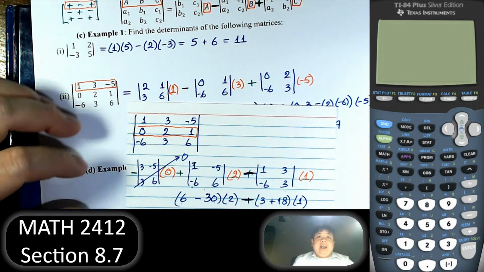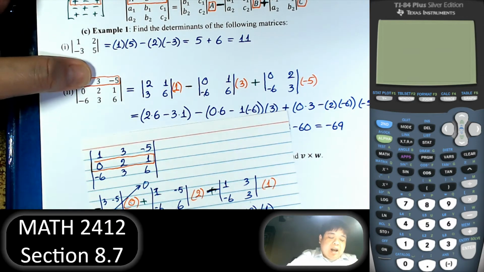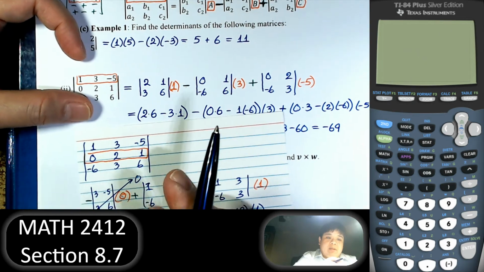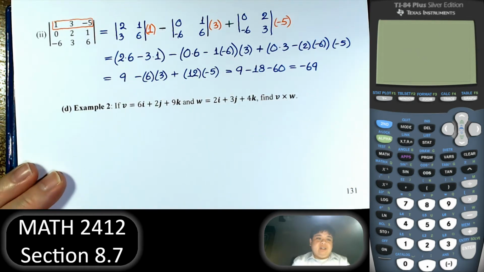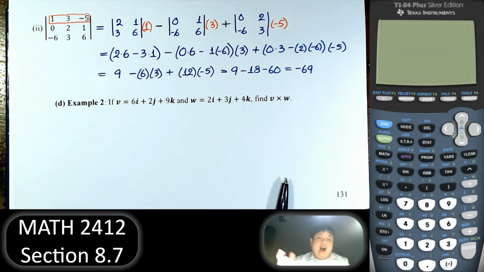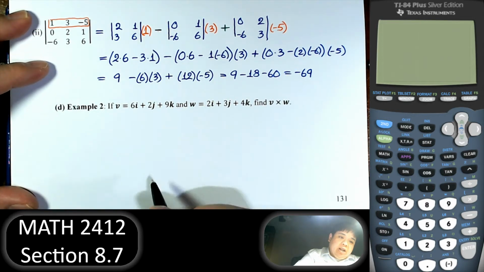Then we just write with respect to that element, cover the row and the column, and we have the submatrix. Of course, this way we can find the determinant of a 4x4 or higher dimension. But first let's go to the cross product of V and W.